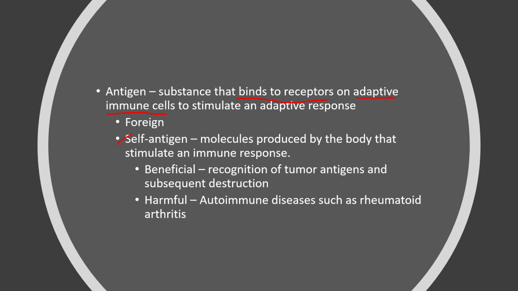So self antigens are molecules produced by the body that can stimulate an immune response. So we have good sides and bad sides. For the beneficial, it can recognize tumor antigens and lead to subsequent destruction of those tumor cells. The harmful effects are our autoimmune diseases, such as rheumatoid arthritis.